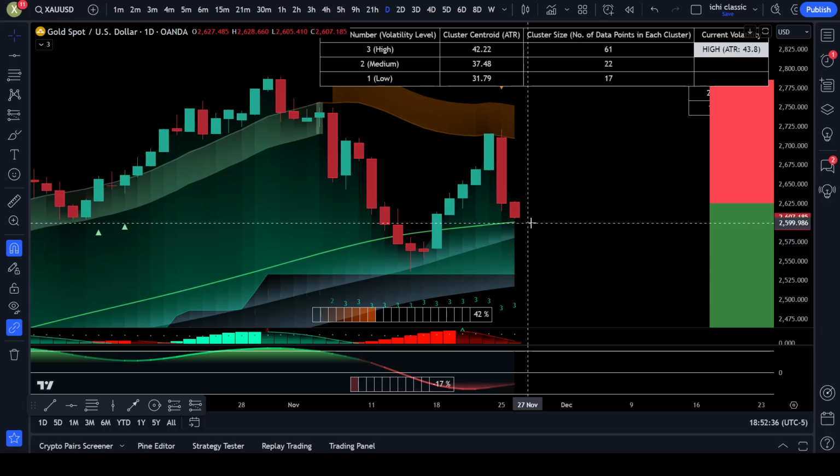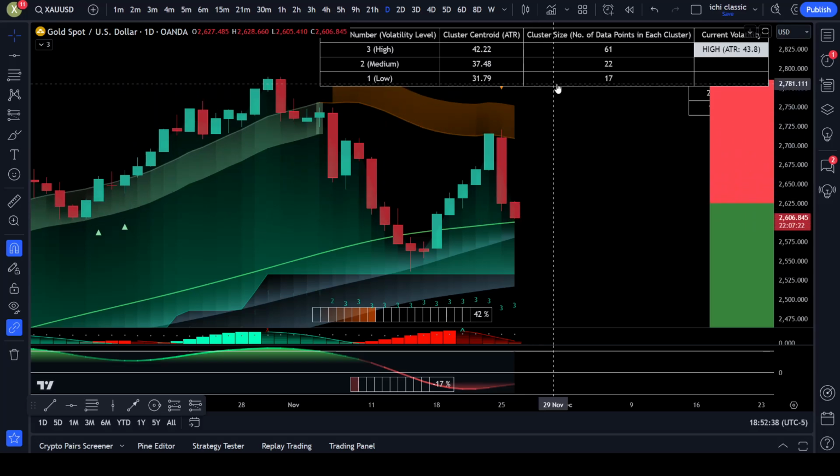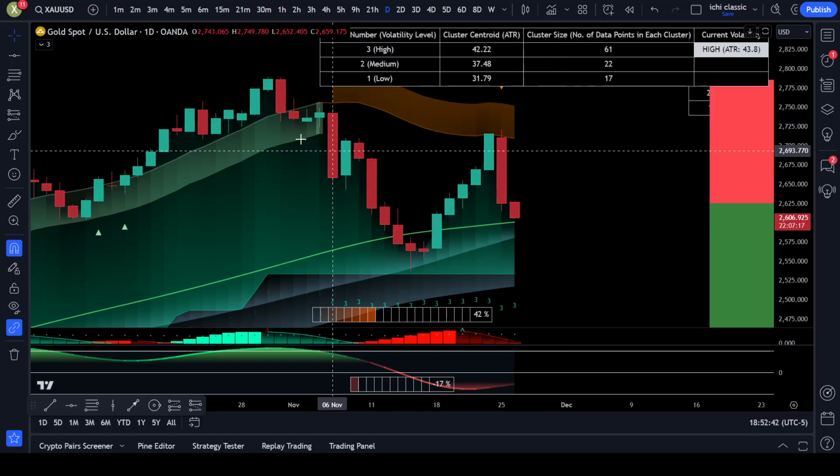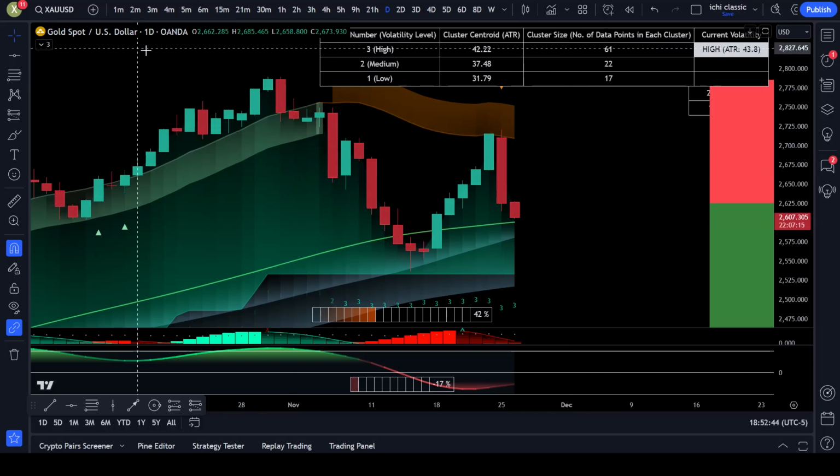But if it does bounce off of it, then we know it will go all the way up to 2,800. So let's look at the 1 hour.